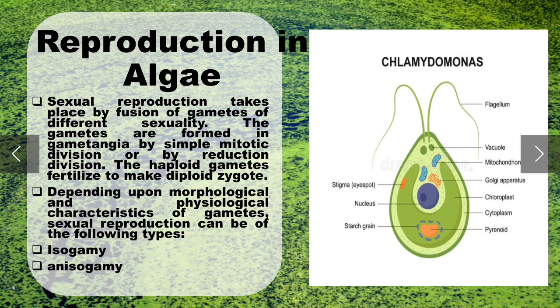You can observe the structure of Chlamydomonas, and isogamy and anisogamy also take place in algae. Chlamydomonas has flagellum, vacuole, mitochondria, Golgi apparatus, chloroplast, cytoplasm, pyrenoids, starch grain, nucleus and stigma in its structure.